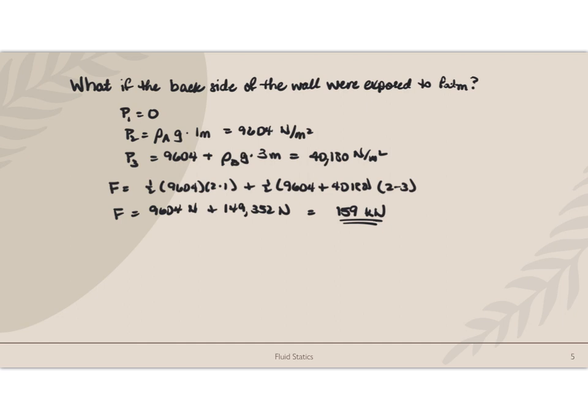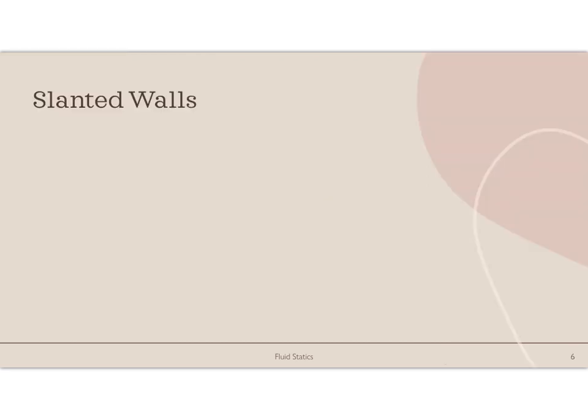Now, if you want to do it the way it's done in the book, they're going to take an equation, put it in terms of P as a function of Z, and integrate that. So the integral of P times B dz. Now we can also make things more general by allowing for a slanted wall. If I have a wall that's slanted at an angle theta, so the height measuring straight vertically is h, and the direction y is the length of the slanted wall.